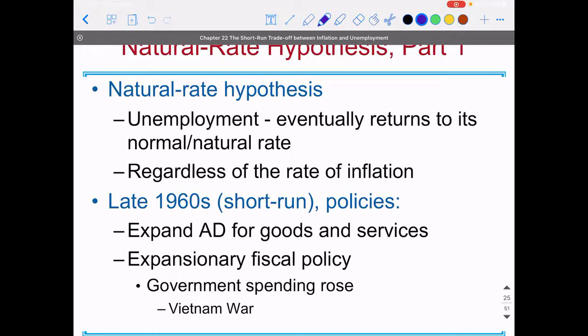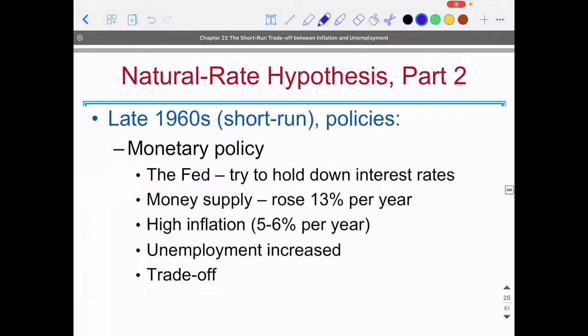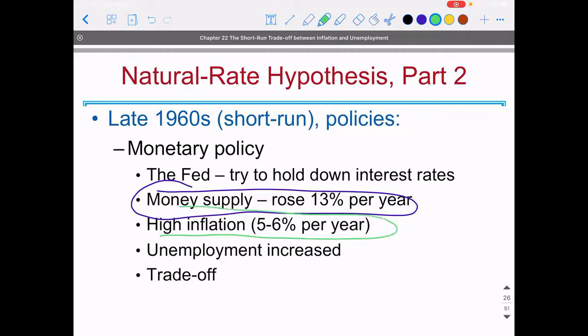And it caused the incredibly high inflation that existed in the 1970s. And that's what you see right here. The money supply rose 13% a year, with the conclusion that inflation went up to 5 to 6% a year.